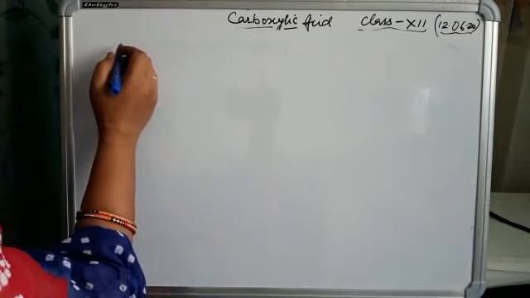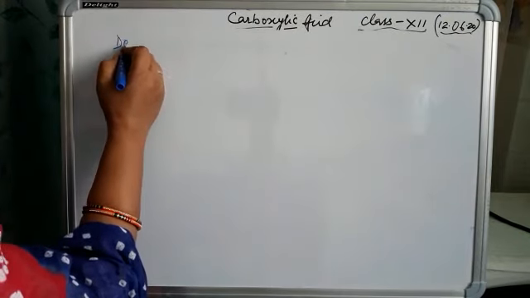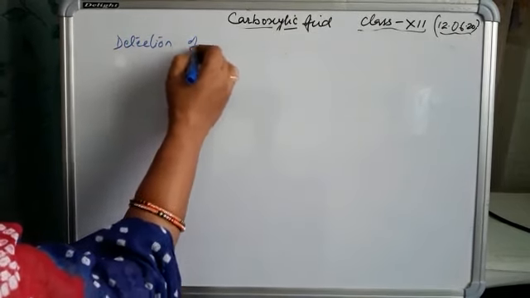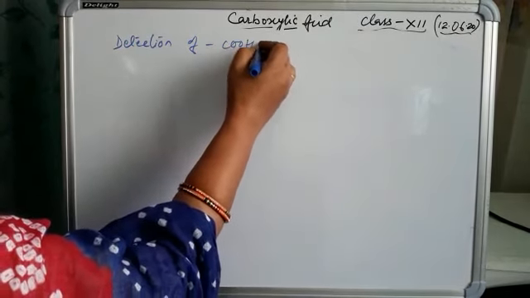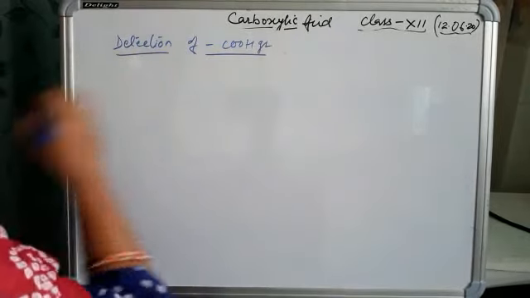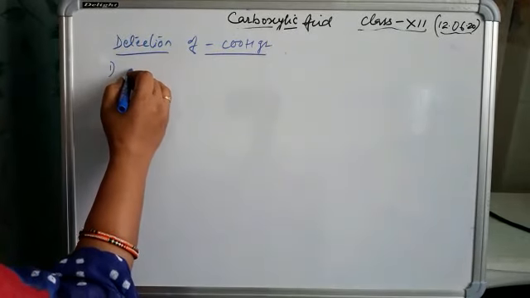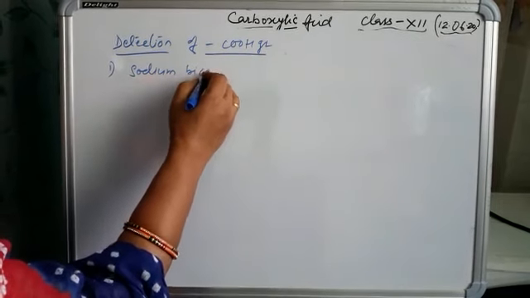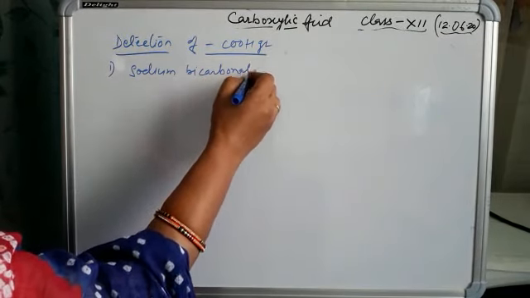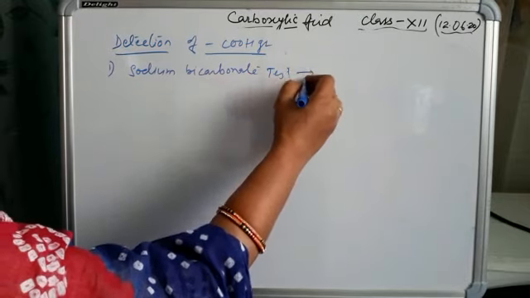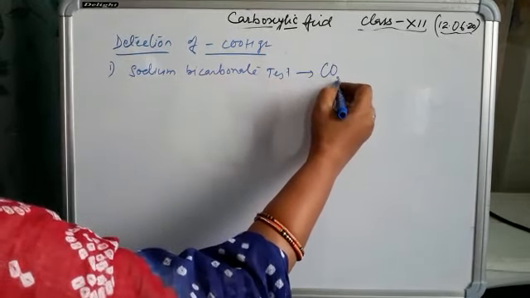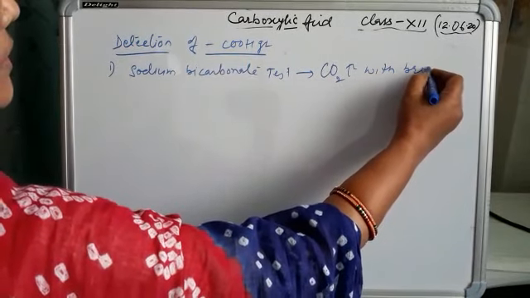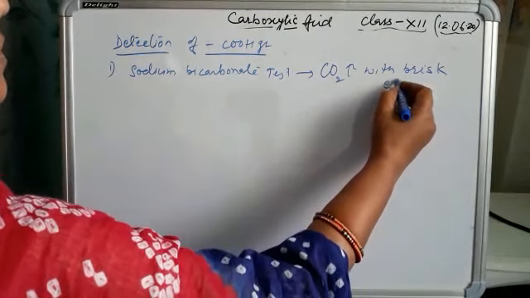At first, detection of the COOH group, or acid group. If a compound gives the sodium bicarbonate test, in which CO2 gas evolves with brisk effervescence.